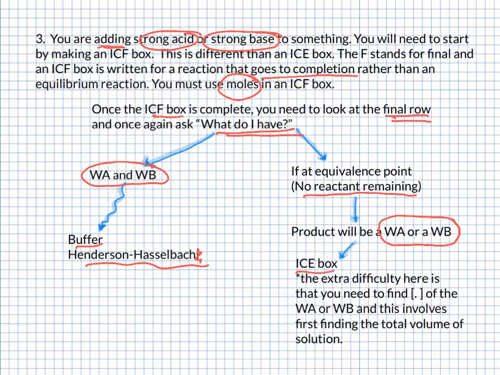So you make an icebox, like we just did. The only extra difficulty is that you'll need to find the concentration of your weak acid or weak base, and this means you first need to find the total volume. But don't worry, we'll do some problems with all of this. This is just to give you a general approach to problem solving.